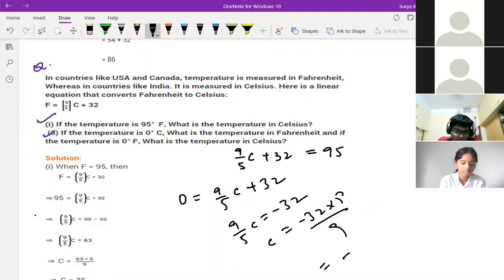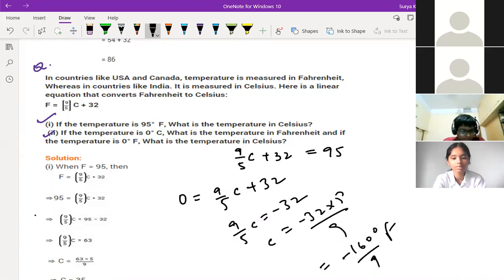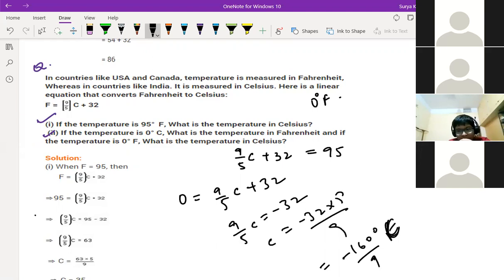So you'll get minus 160 by 9. Sir, should we convert 160 by 9 into decimals? Your wish, this is also enough. So 0 degrees Fahrenheit is equal to minus 160 by 9 degrees Celsius.